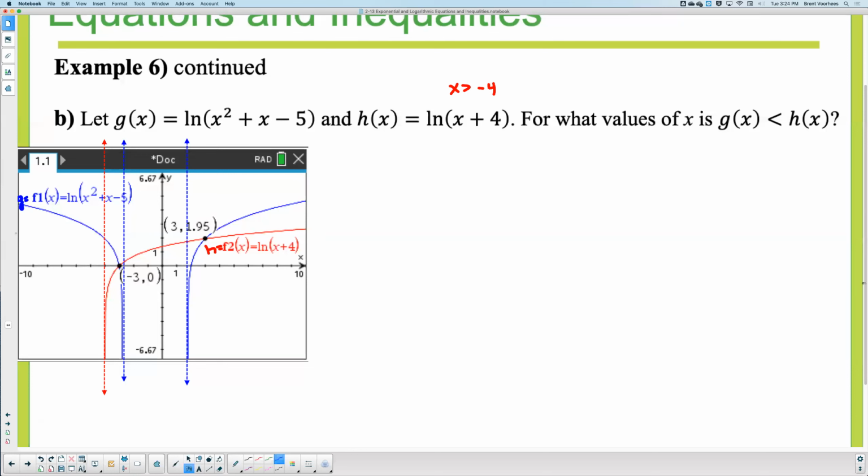Now this section over here is outside of h's domain. So there's no red graph over here, so that won't be part of the solution set. And in here, this is outside of the blue graph's domain. So this is outside of g's domain.